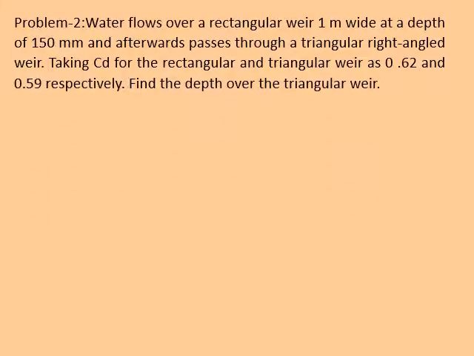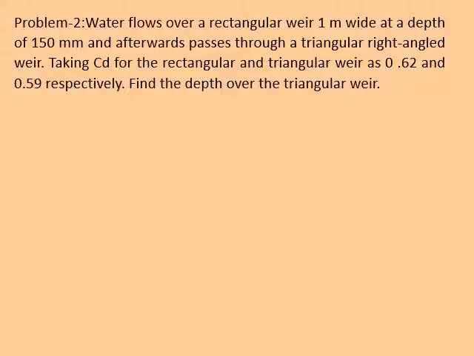Next, move on to numerical number 2. The water flows over a rectangular weir 1 meter wide at a depth of 150 millimeter and afterwards passes through a triangular right angled weir, taking CD for the rectangular and triangular weir as 0.62 and 0.59 respectively. Find the depth over the triangular notch.